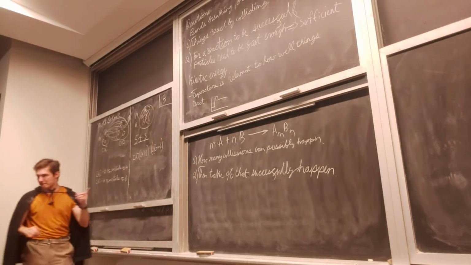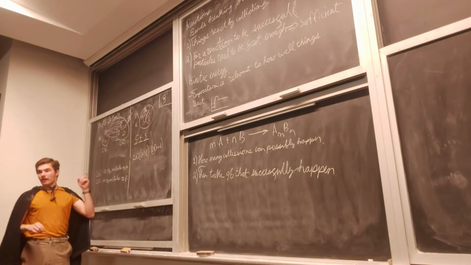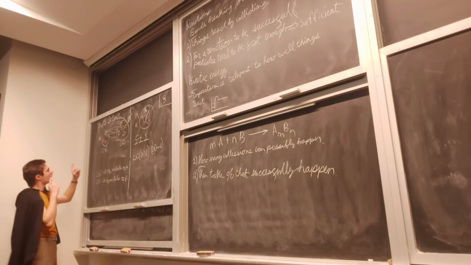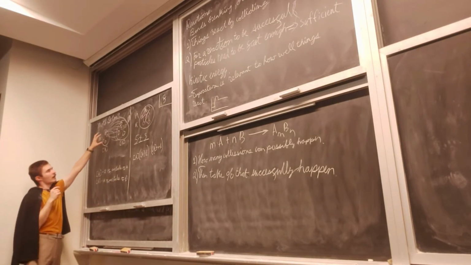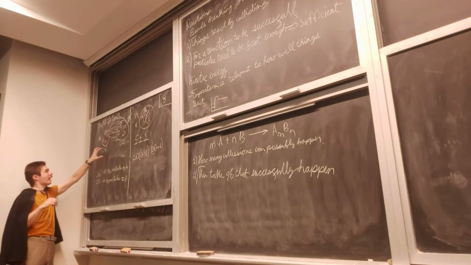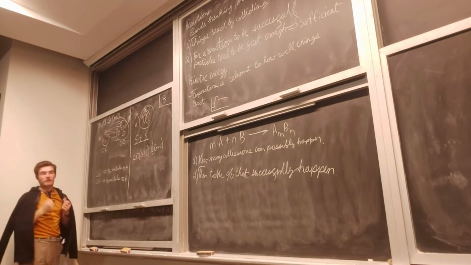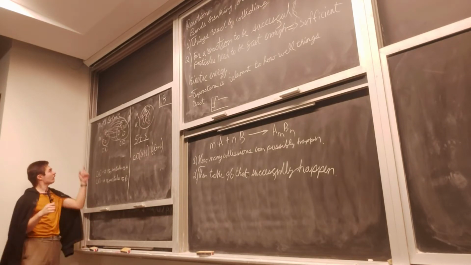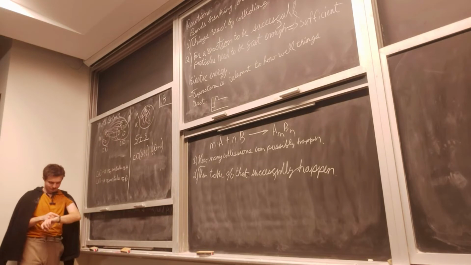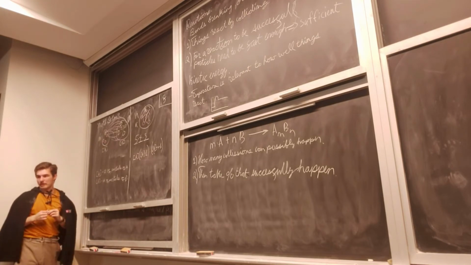Do you agree? This is how many ways I can choose M particles of A, if I have [A] particles of A total. Does that make sense?